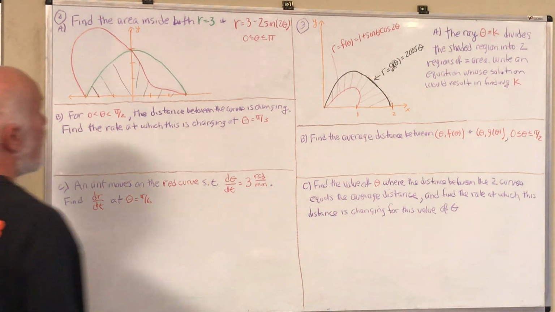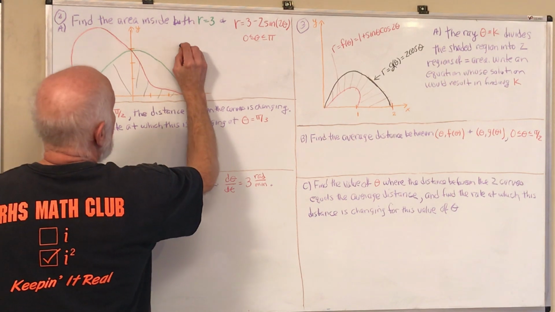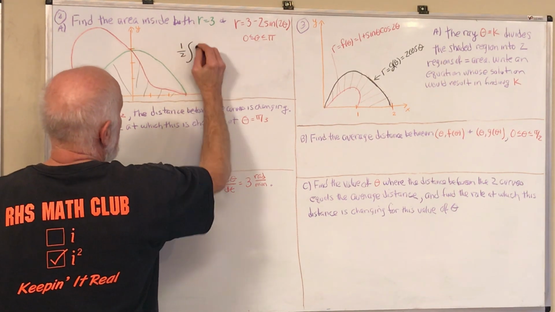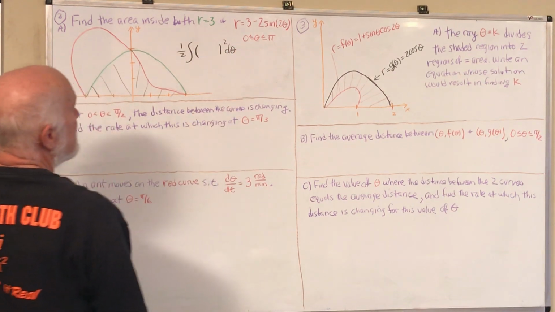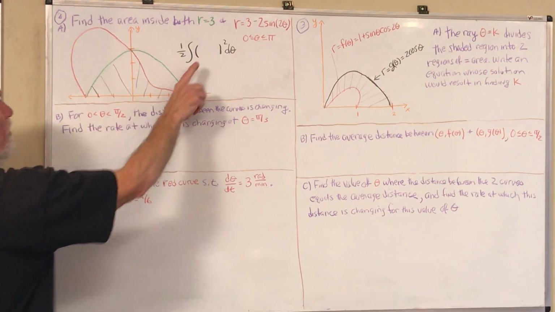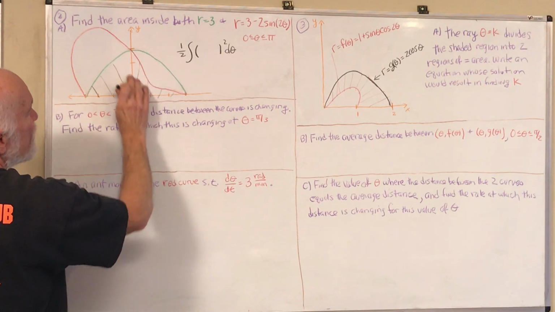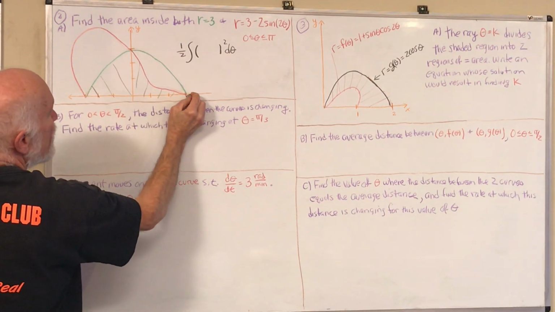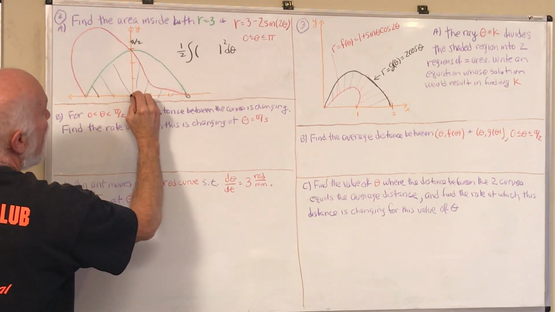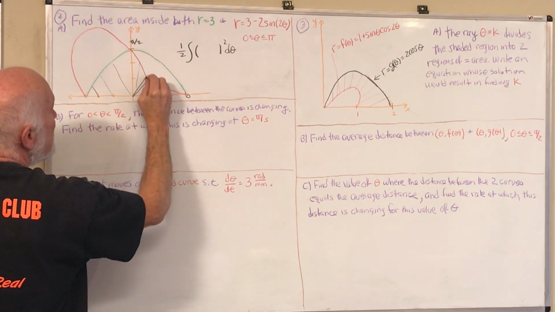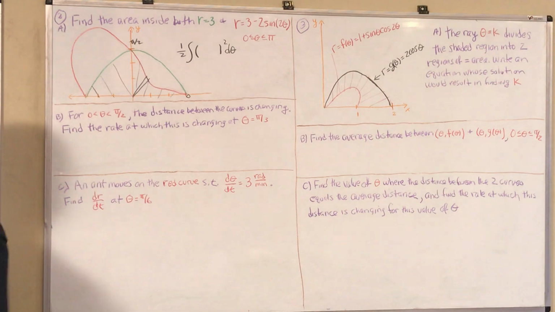So, what do we know? The formula for area: 1/2 the integral of r squared d theta. Because we only need one radius, because this first section here, from 0 to pi over 2, all the slices of pi just go to the red curve.